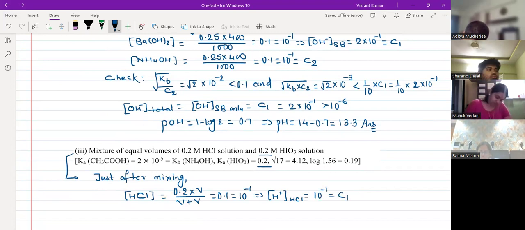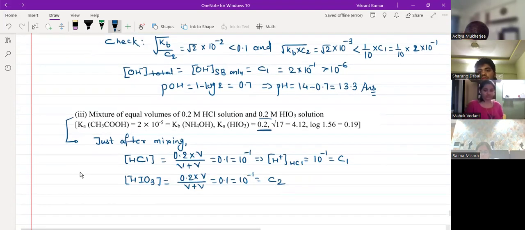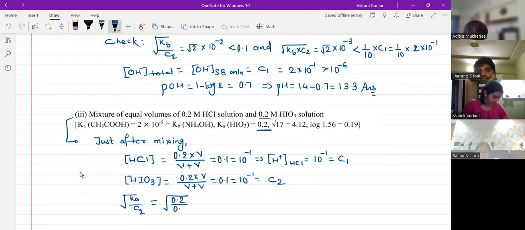We are calling it C1. Concentration of HIO3 will also be, it was 0.2 initially in volume V. So now it will become 0.1, which is 10 raised to minus 1, and we are calling it C2. And then if you check the assumption ना, पहला ही assumption जैसे मैंने under root K upon C1 कर दिया, K upon C1 C2 किया, then you'll find that यही number जो है ना, ये देखो ये 0.2 है और ये 0.1 है.